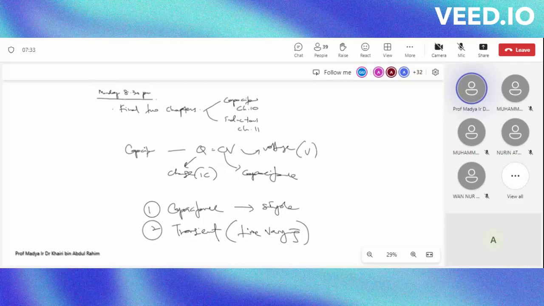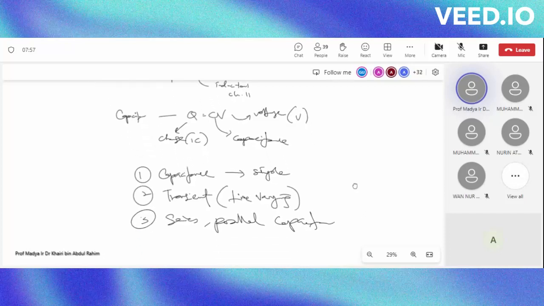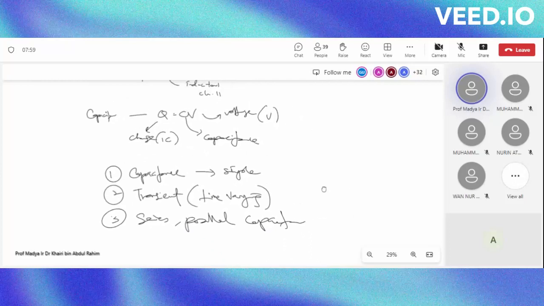These equations, the top one, and the third that you need to know is the capacitor. Okay, so with these three things, I think you should be able to understand the whole concept of capacitors.